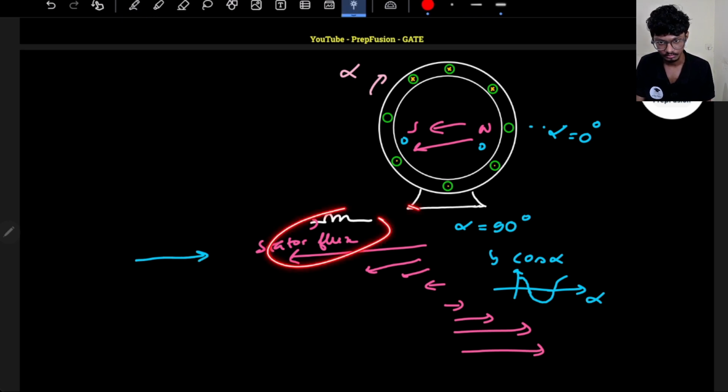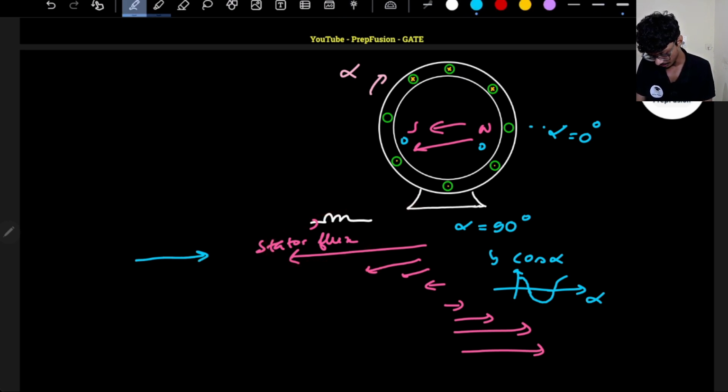Try to make it 0, right? If the stator flux is reducing, rotor flux also will reduce. Again here it is reducing, rotor flux also will reduce. It is in opposite direction, so rotor flux also will be in this direction.